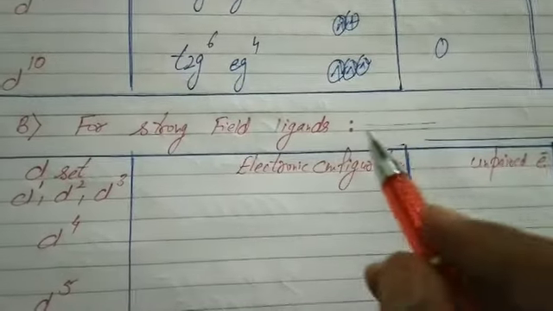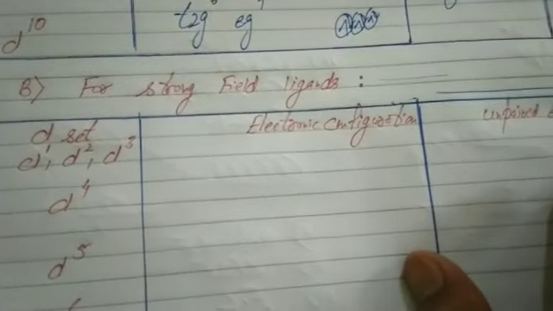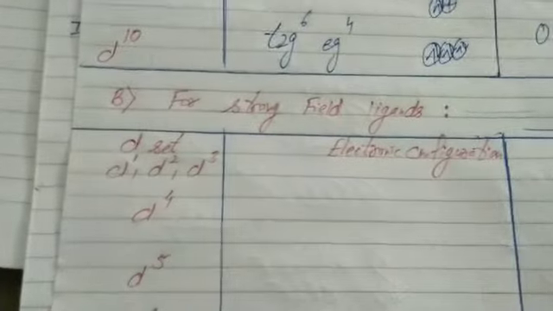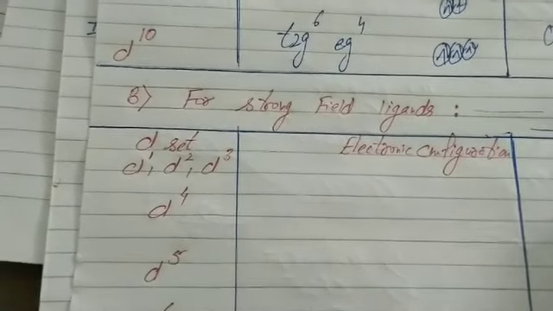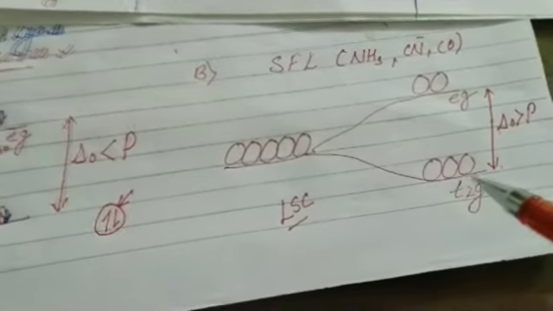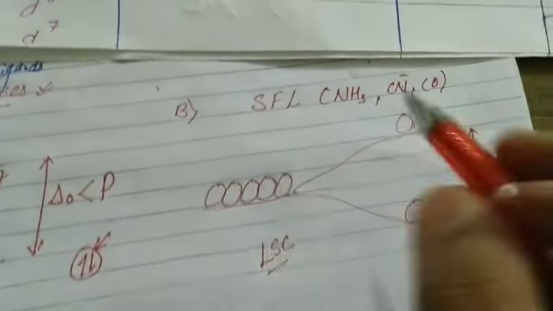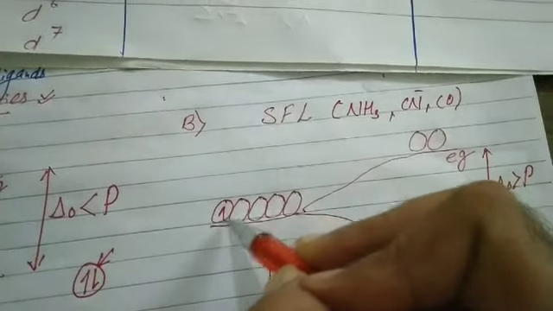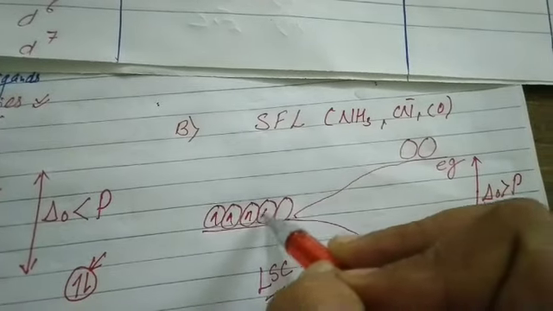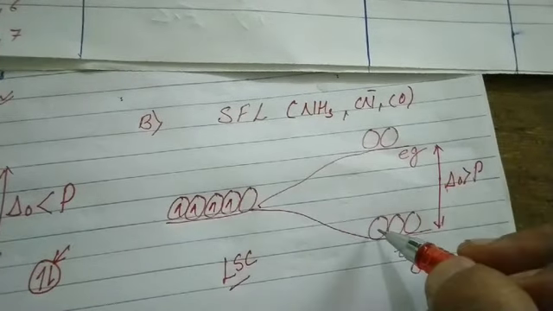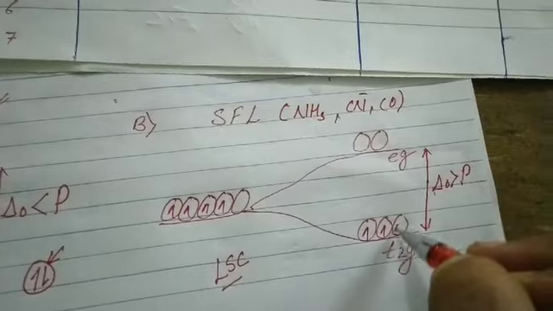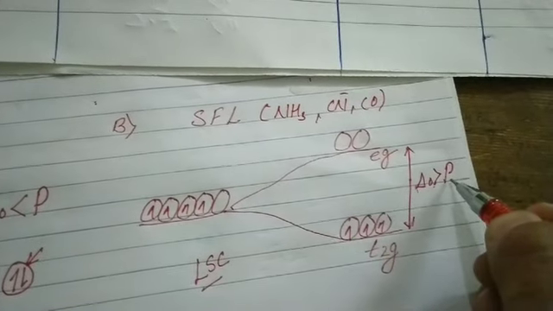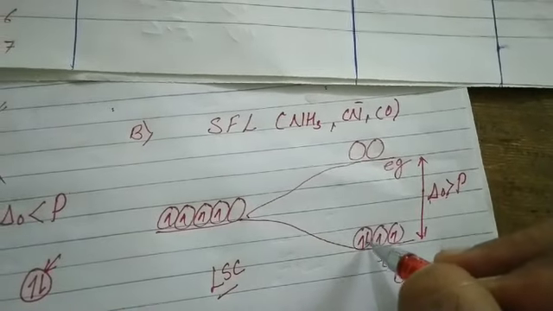Now I am going to start for strong field ligands. I already explained you for strong field ligand what will happen. d1, d2, d3, there is no change. That is Hund's rule, first 3 electrons go to lower energy level. But when it is d4, 1, 2, 3, 4, what will happen in strong field ligands? Delta naught is more than pairing energy, so electrons will prefer to pair up.